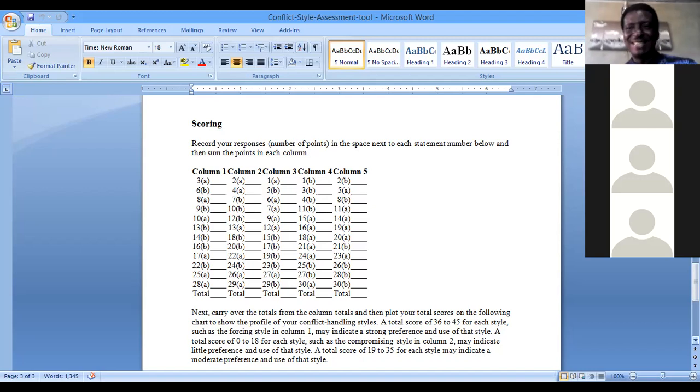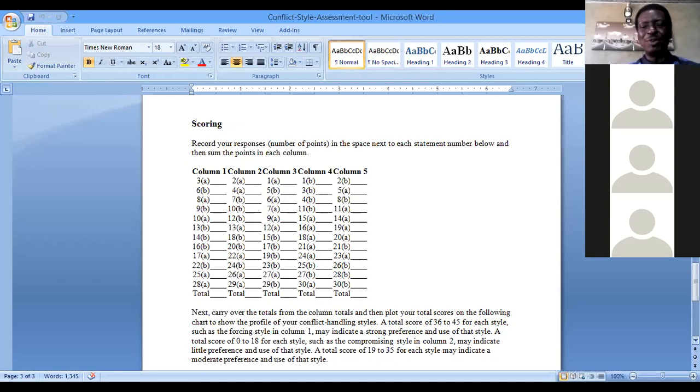Okay, let's pay attention. We can complete this task so you can know where you fall at the end of the class. It's already 3 o'clock, so we can finish in good time. Now, this is the scoring. For any of the columns, column 1 to column 5, any column you score between 36 to 45 is your predominant style. That is your most preferred style of handling conflicts, a strong preference for that style in resolving conflicts.